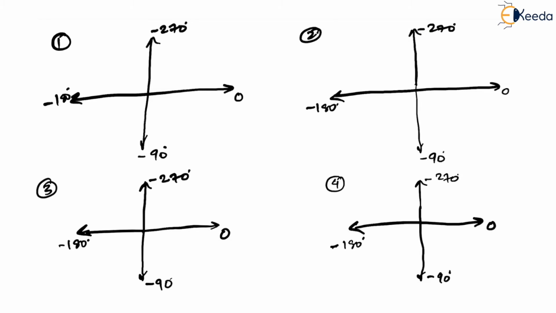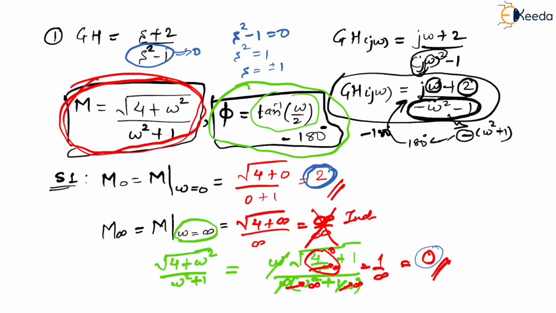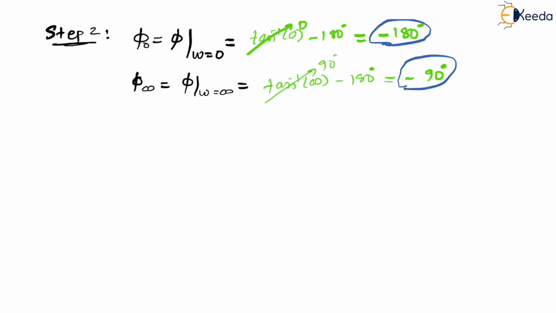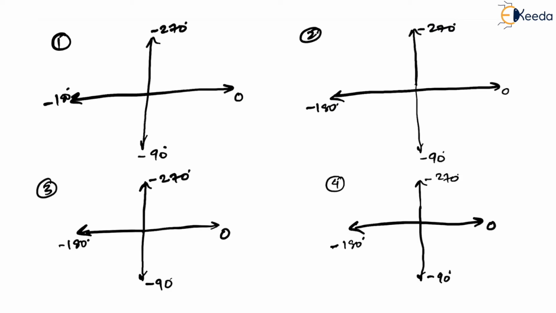Now we don't know the starting and ending direction, but we know the starting and ending points. The magnitude at omega equal to 0 was equal to 2, but the angle was minus 180 degrees, which means it has to be here somewhere. This is nothing but that 2, because it is 2 at an angle minus 180 degrees.